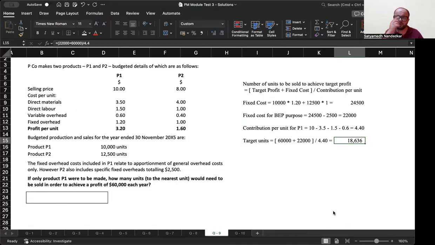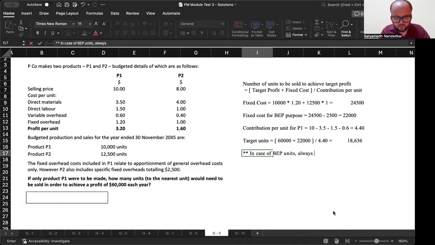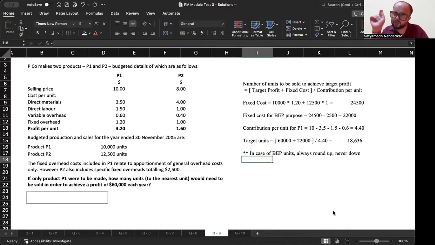But remember one thing specifically when it comes to break even point: in case of BEP units, always round up, never round down. Even if it is 636.36, you should make it 637.